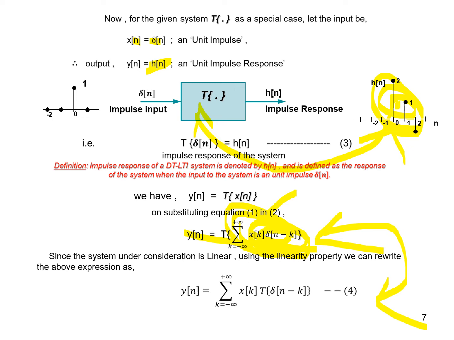This is because of the linearity property of the system. What it actually means is, to find the output of a linear system, I can add all the individual impulses.